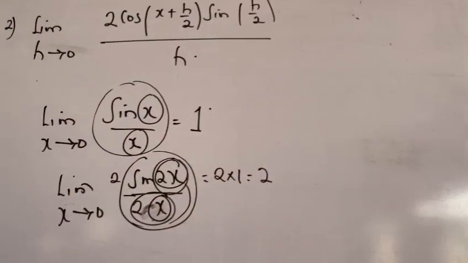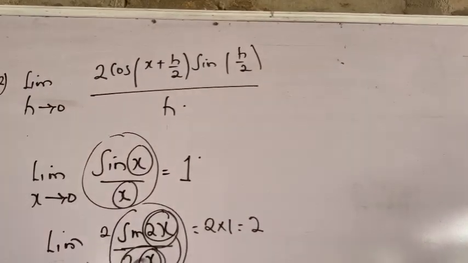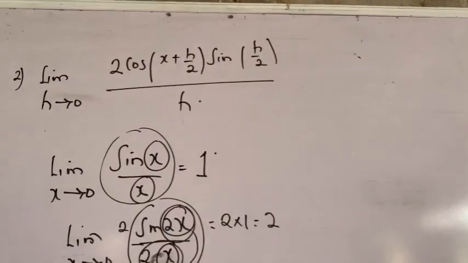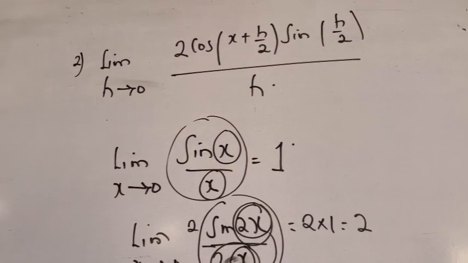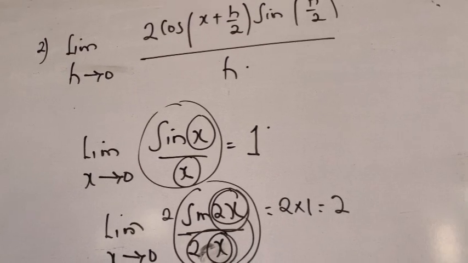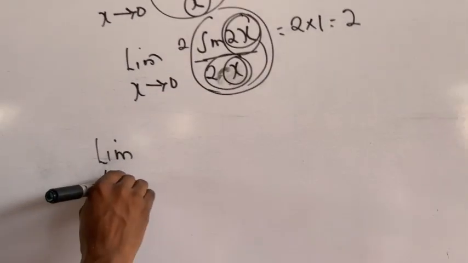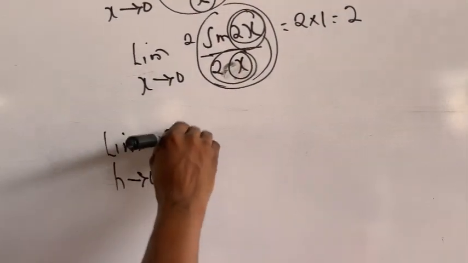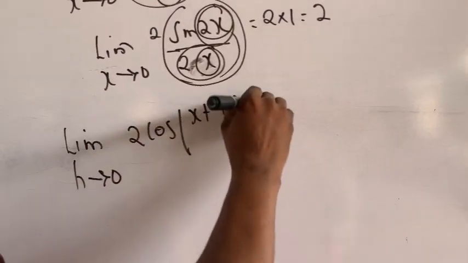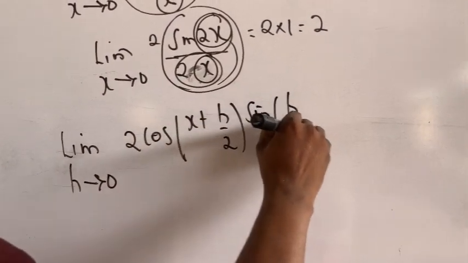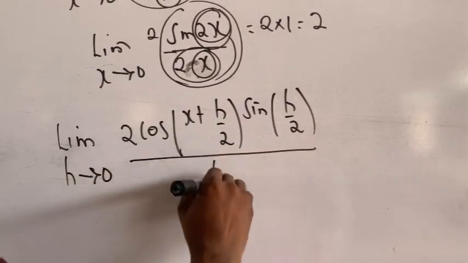So what we have is 2 cos(x plus h over 2) sin(h over 2). So let's simplify what we have. We have the limit as h tends to 0 of 2 cos(x plus h over 2) sin(h over 2) over h.